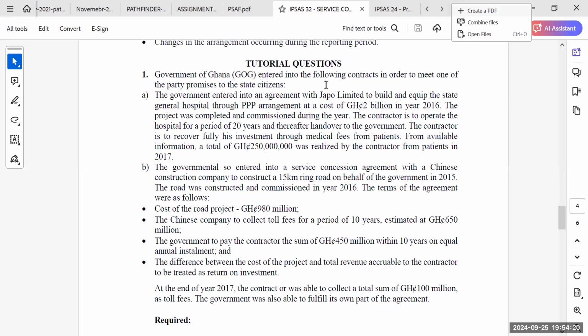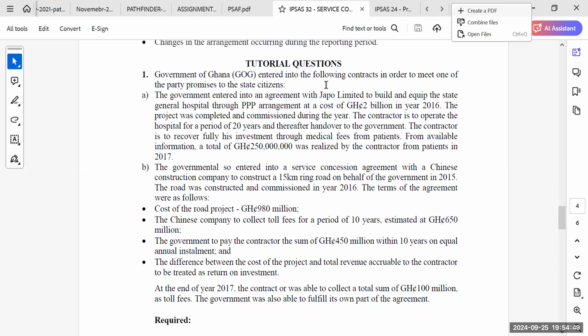B. The government also entered into a service concession agreement with a Chinese construction company to construct a 15 kilometers ring road on behalf of the government in 2015. The road was constructed and commissioned in the year 2016. The terms of the agreement were as follows. 1. Cost of the road project, 980 million Ghana cedis. 2.